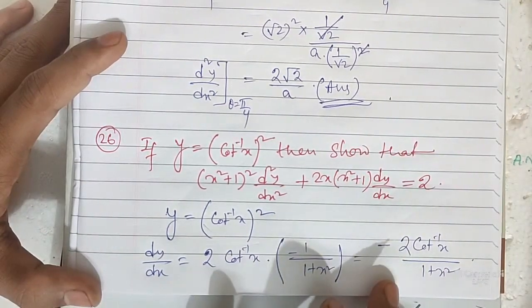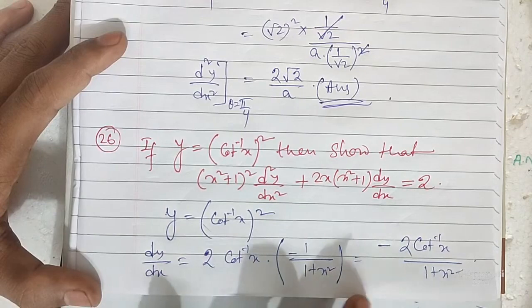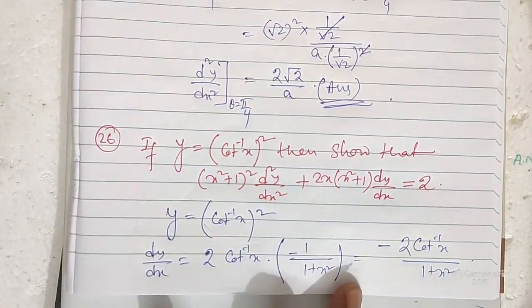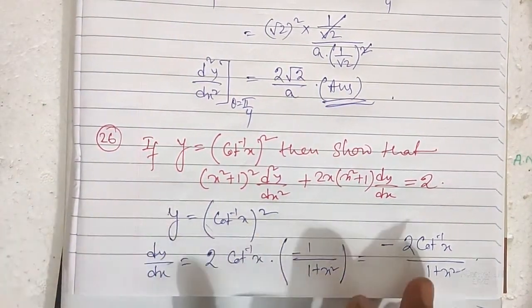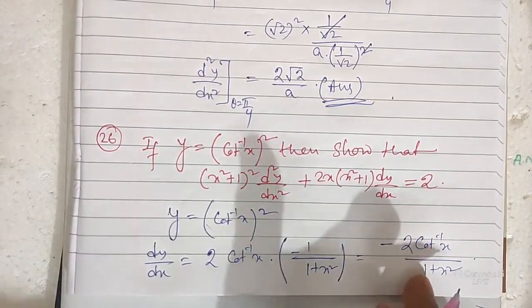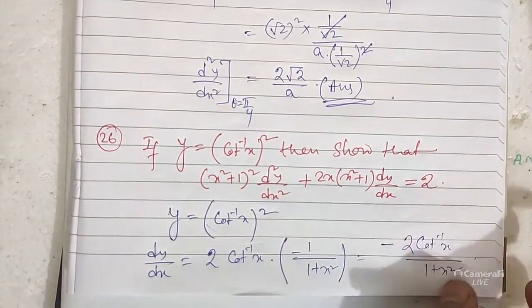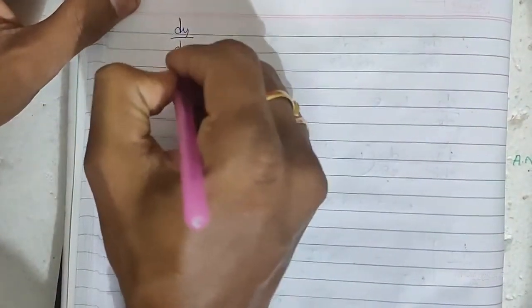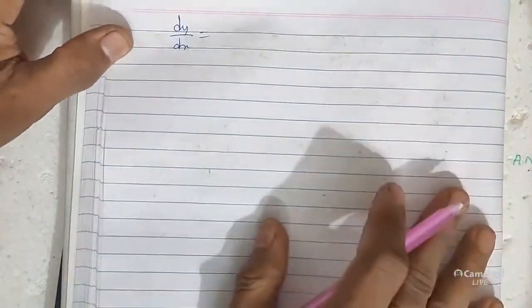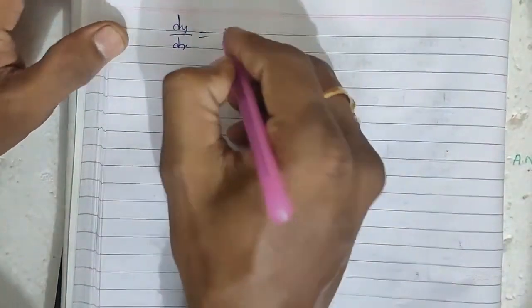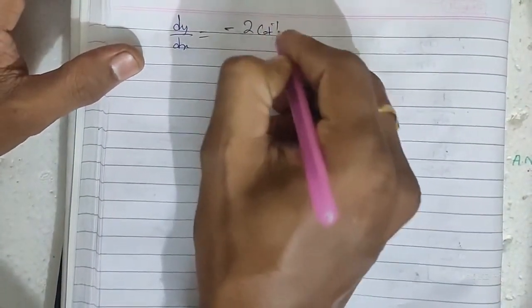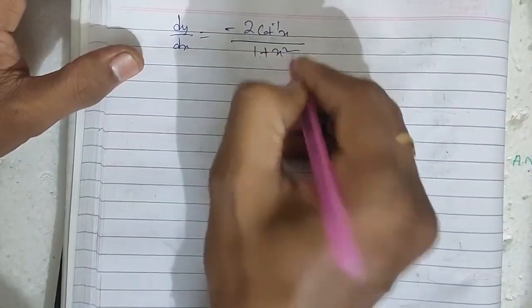Now I have to find d2y by dx2. Again I have to differentiate this with respect to x. So here I can use the division rule, the u by v method. dy by dx, this value is minus 2 cot inverse x by 1 plus x square.